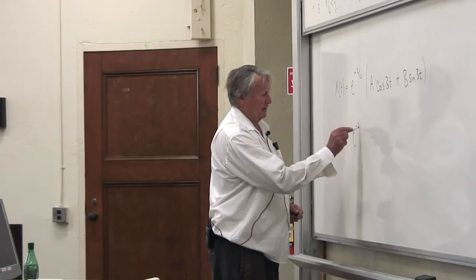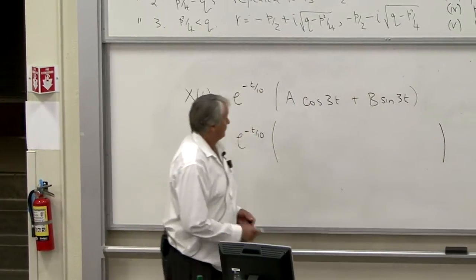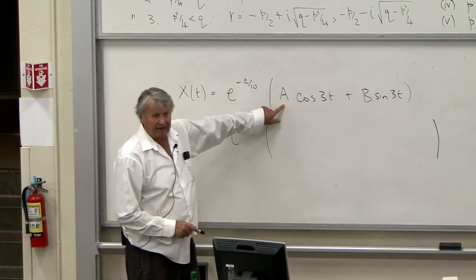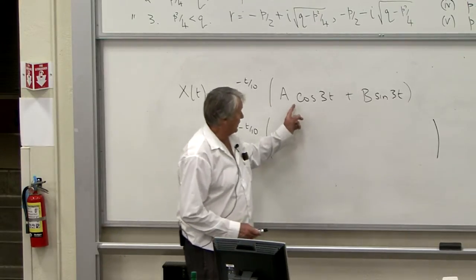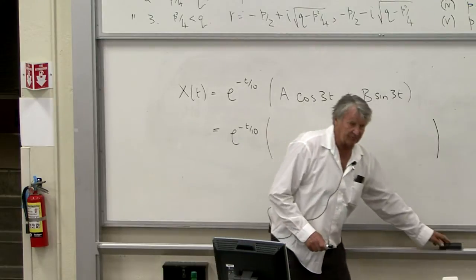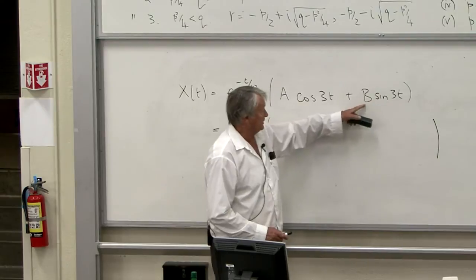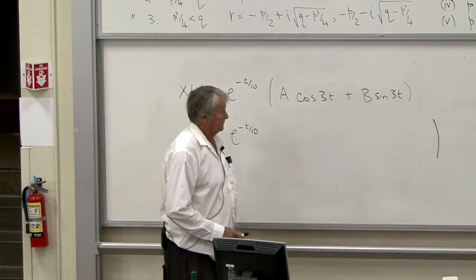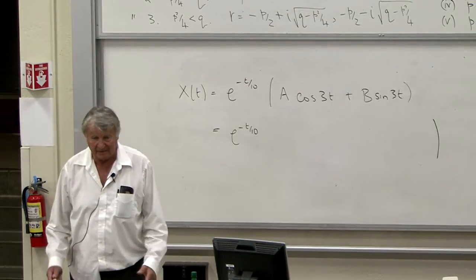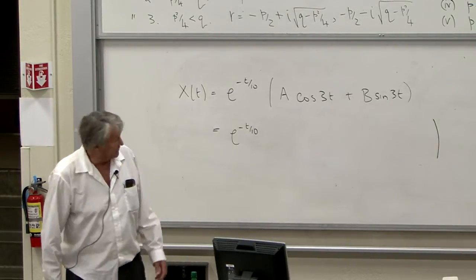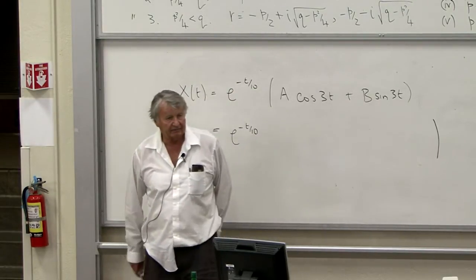I want you to think of your trig formulae. If this were the cosine of something, and this were the sine of something, then this would be cos 3t cos something, plus sine 3t sine something, and then I'd have cos of 3t minus phi, cos A minus B. But can I find an angle phi whose cosine is this and whose sine is that?